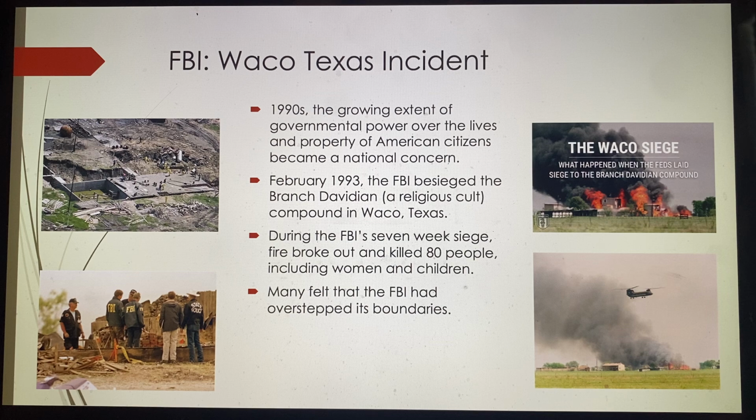So this is what happened when the feds sieged the Branch Davidians. When they came in, this is what happened. Devastation. So people were looking now and asking, how much power does the government have?